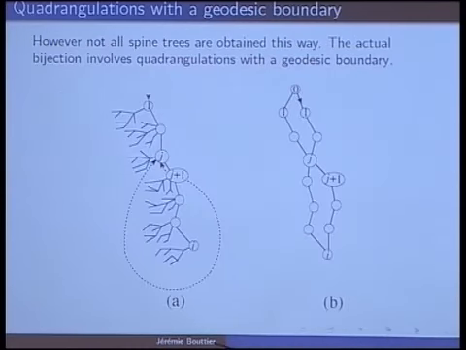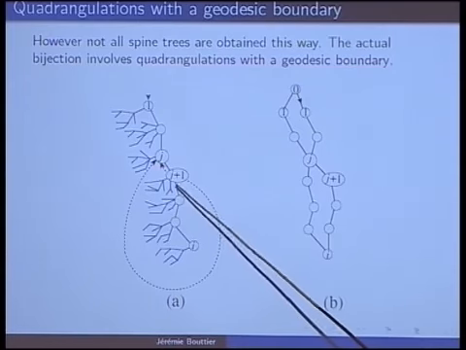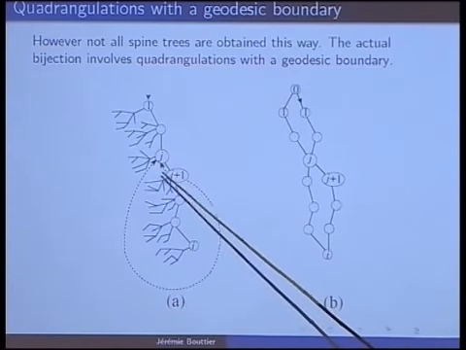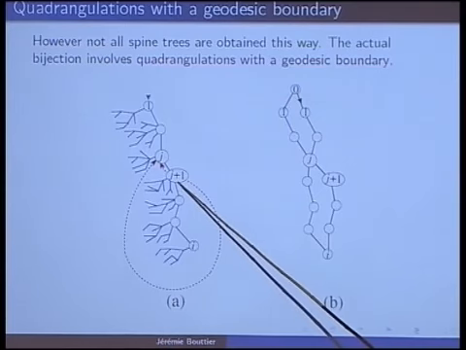And we saw this morning the inverse construction, where you have to recreate the original quadrangulation.